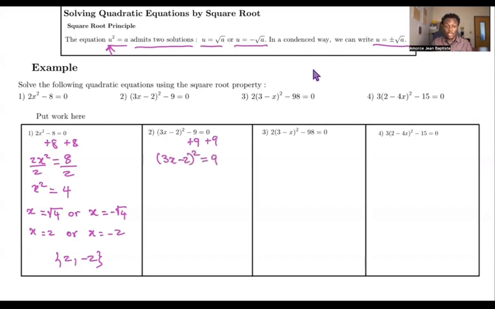Use the square root property: 3x minus 2 equals square root of 9, or 3x minus 2 equals negative square root of 9. So that is 3x minus 2 equals 3. If we add 2 on both sides, 3x equals 6. We'll divide by 3.